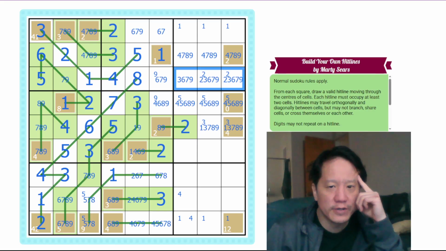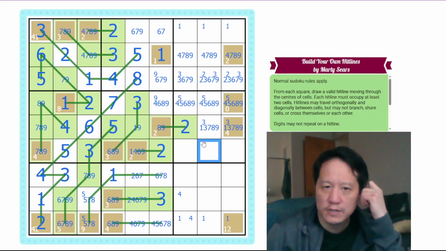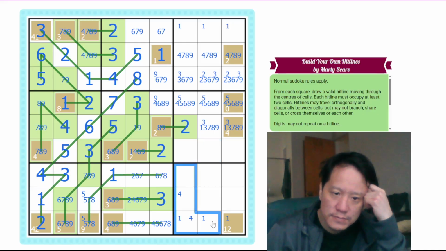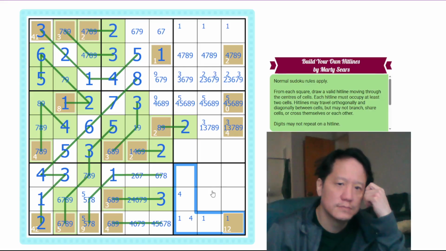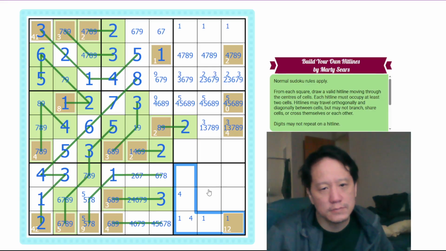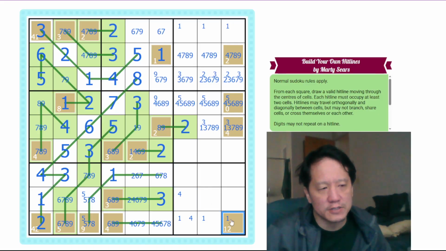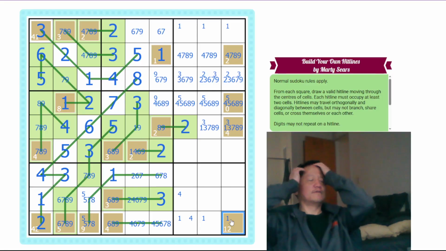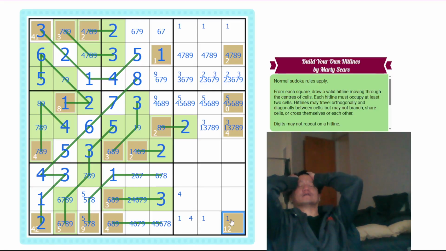We know a 3 has to be one of these digits here. That's kind of interesting. This could actually be 9 in length. We have space for 4 more at least.